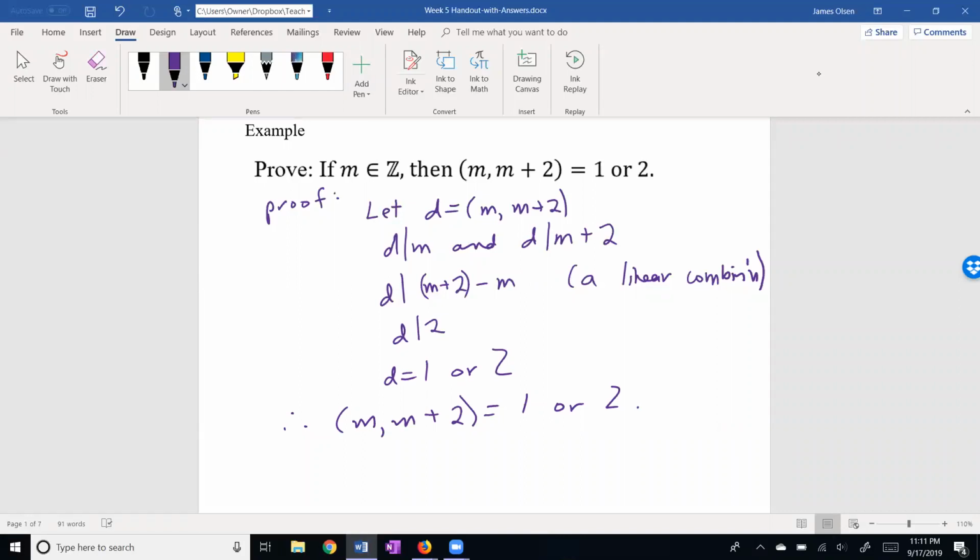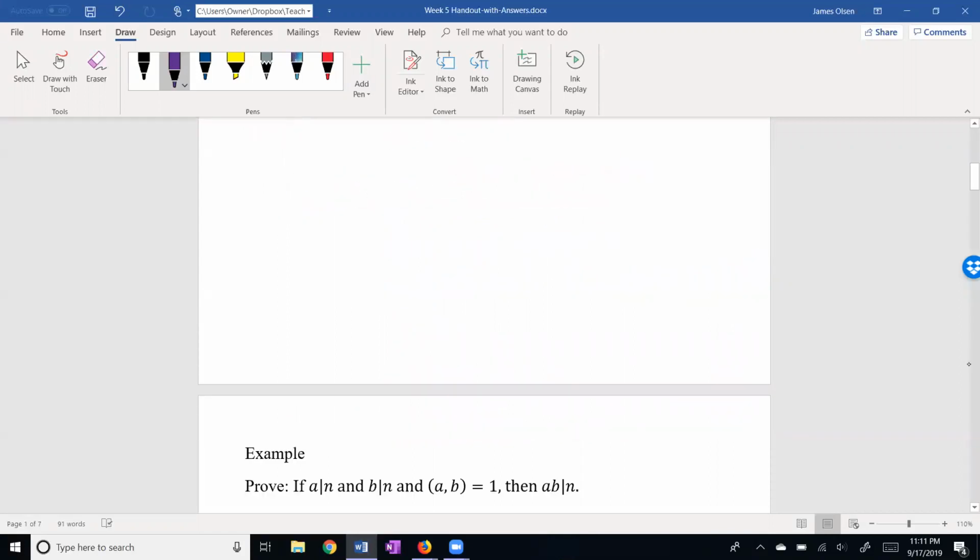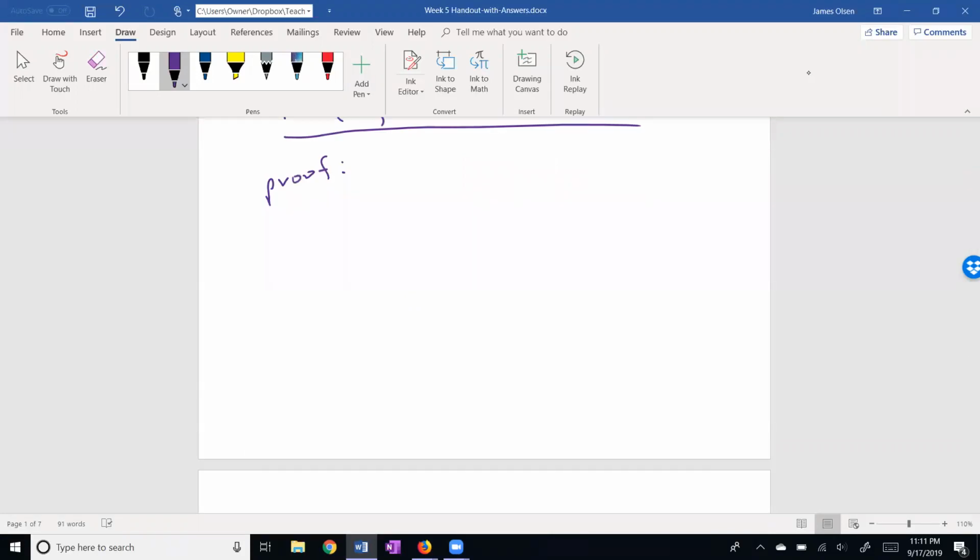Now, I would like to prove this another way, using the contamination theorem. If you need to look back at the contamination theorem, I encourage you to do that. So we're looking for the greatest common divisor of m and m plus 2.